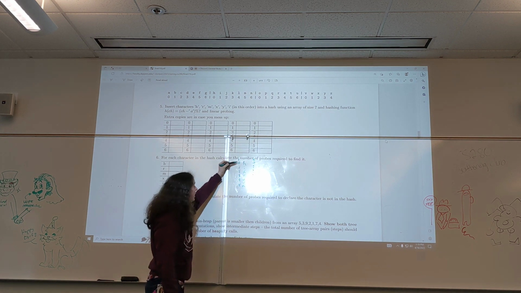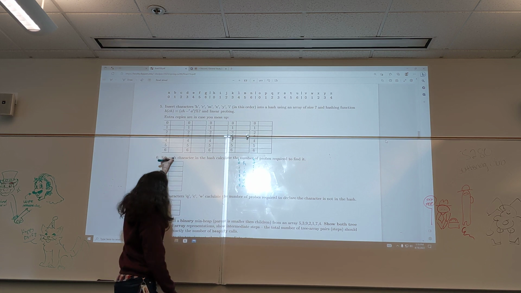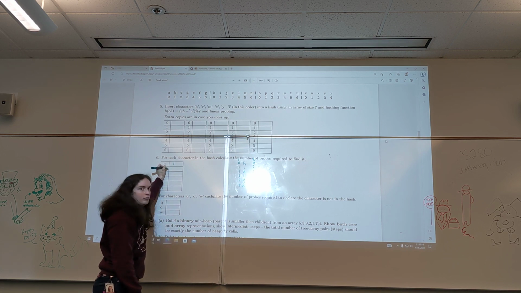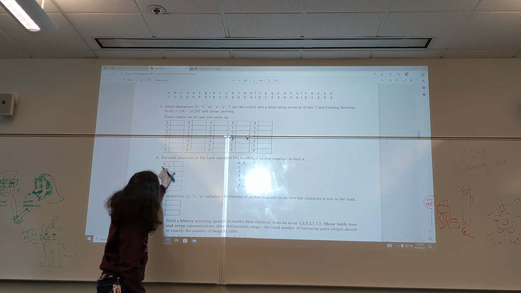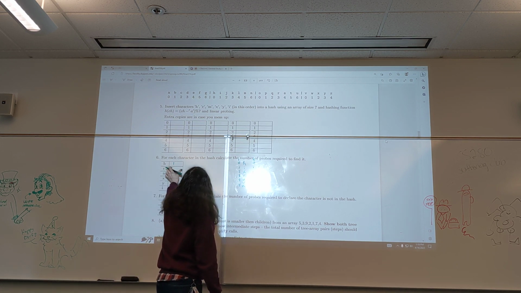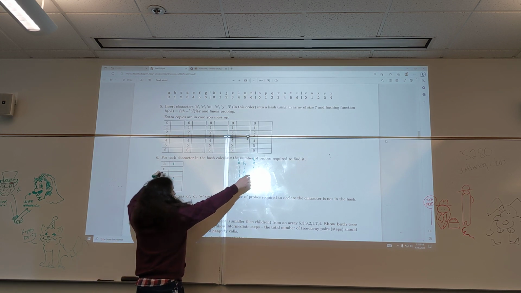So we look for H, then we would see, okay, we only need 1 because we start at its key. Does the number of probes also include the time in which you looked up the initial one? Yes, because you're probing it. Okay, fair enough. H would take 1, I would take 1, X would take 1, R would take 1 because we see its key is the same as its index.